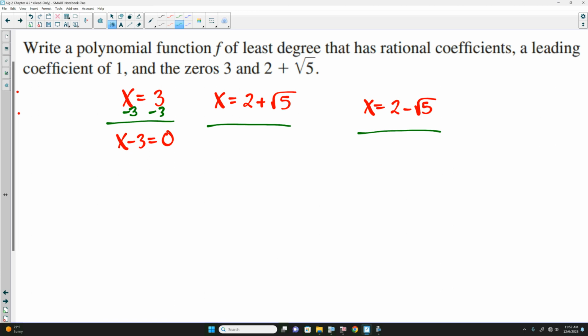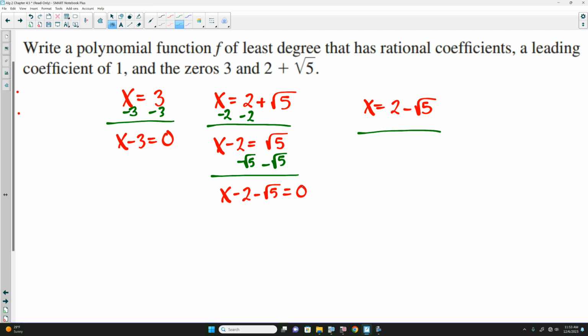Telling us this one here is x minus 3. The next one, first thing we'll do is subtract 2 from both sides. Telling us that x minus 2 is equal to square root of 5. Well, now we subtract square root of 5. Telling us x minus 2 minus square root of 5 is 0.